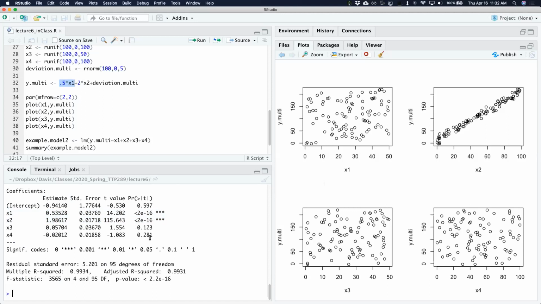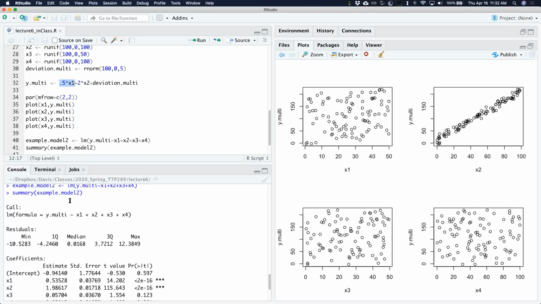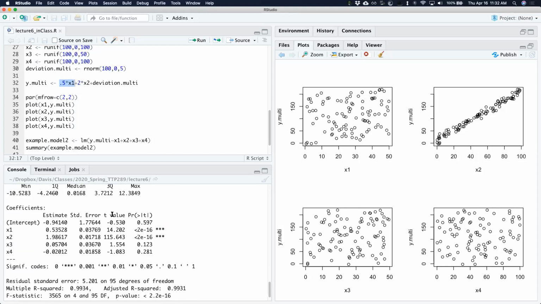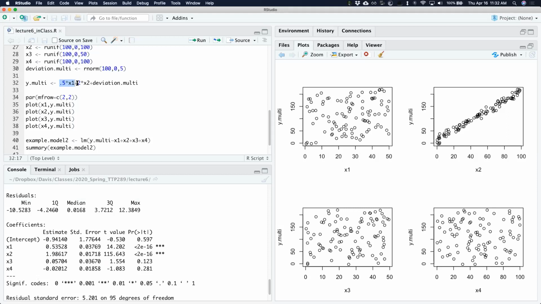One thing to note is that we've also included x3 and x4, which we know don't have a real relationship with the true model. And in fact, that's what we see here.